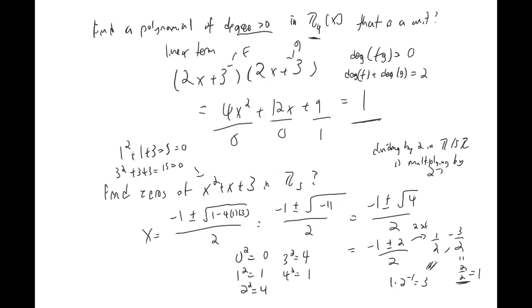So you see, the square root of 2 and the square root of 3 have no solutions in Z mod 5Z. So if you did the quadratic formula and you ended up with the square root of 2, then you know that there are no zeros.